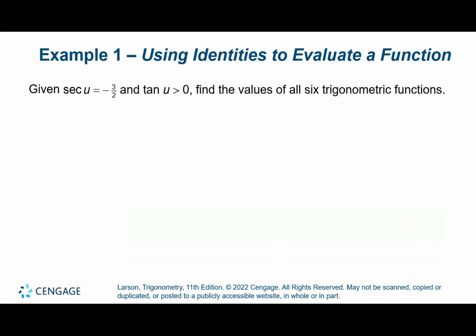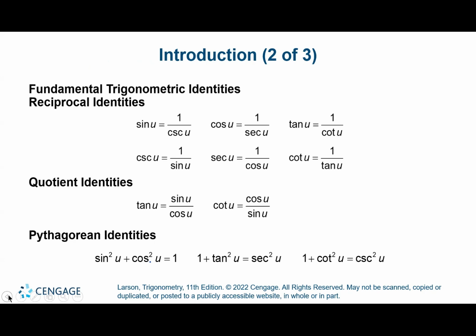So I know the reciprocal relationship between cosine and secant. So I'm using an identity here that involves both secant and cosine. I know secant, and I want to find cosine. So I'm going to use this identity here, and I'm just going to plug in what I know about secant.